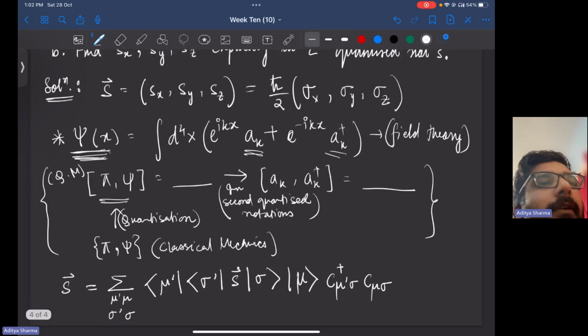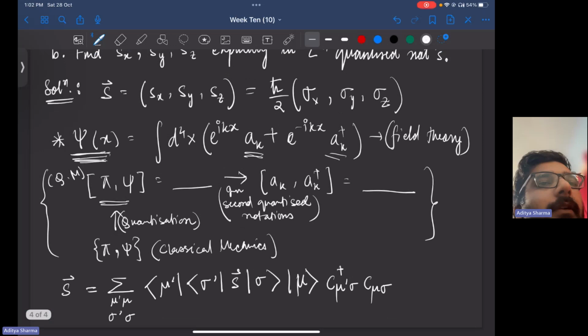So this mu can be thought of as some kind of position, okay? And this sigma prime can be thought of as upspin or downspin. These are the eigenvalues of this. For a spin half particle, sigmas can be up or down, which is denoted by this index, and mu is the position actually.